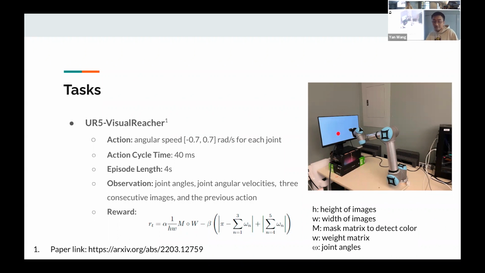As you may have noticed, the reward function needs a lot of human work and insight to be effective. So this is a good example of how hard it is to design a reward function for vision-based robotic tasks.